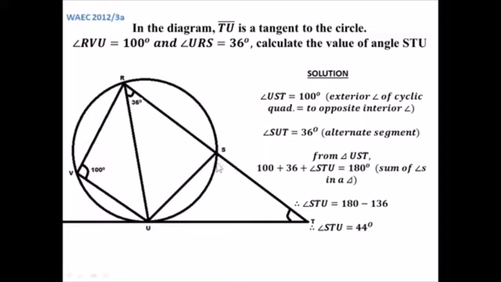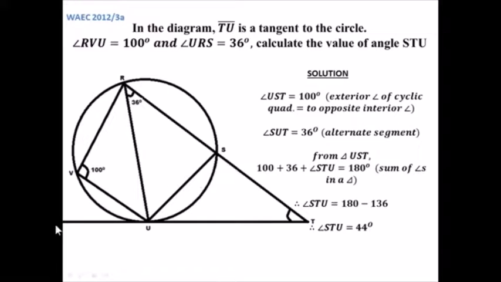You should know the reason now. If you have been following the proving that we have done in circle geometry on cyclic quadrilaterals, you know that this angle UST is going to be equal to this angle 100. The reason being that the exterior angle of a cyclic quadrilateral is equal to the opposite interior angle. This is an exterior angle to this cyclic quadrilateral, so it's going to be equal to this angle here. So that means this angle here is going to be 100 degrees.